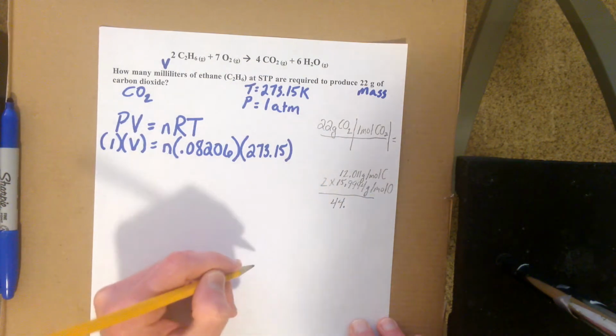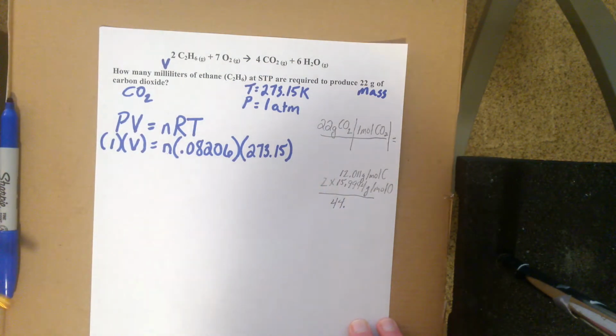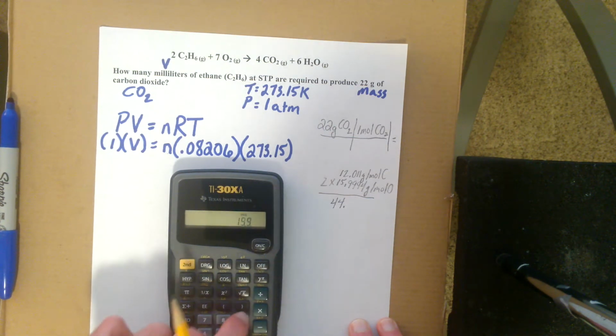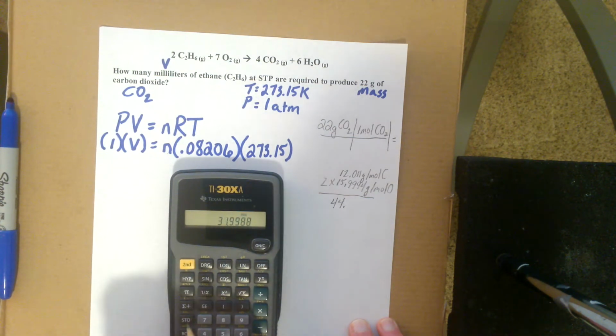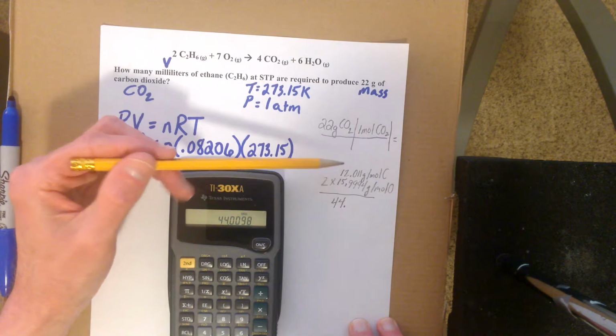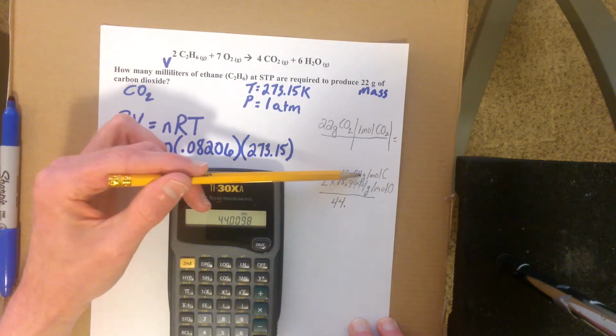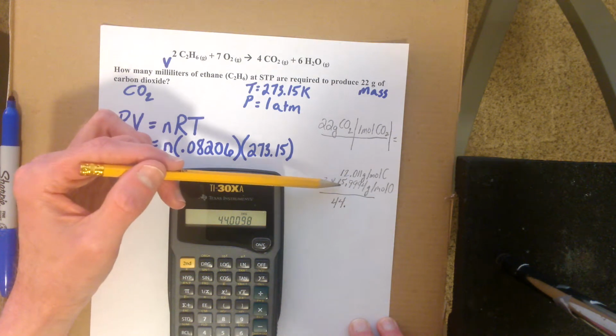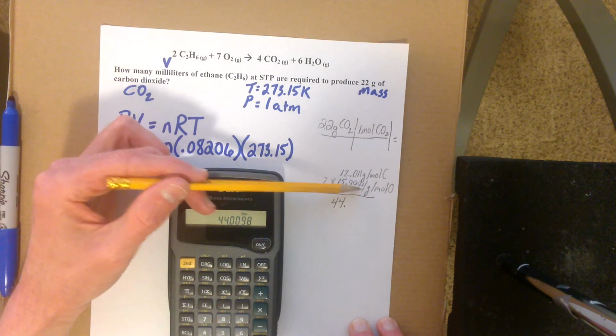Now I'm going to do some rounding here on sig figs. So I've got the 2 times 15.9994 plus the 12.011. You noticed that the carbon was 3 sig figs in the decimal, 2 integers. We have a total of 5 sig figs, and with the oxygen we have 6.